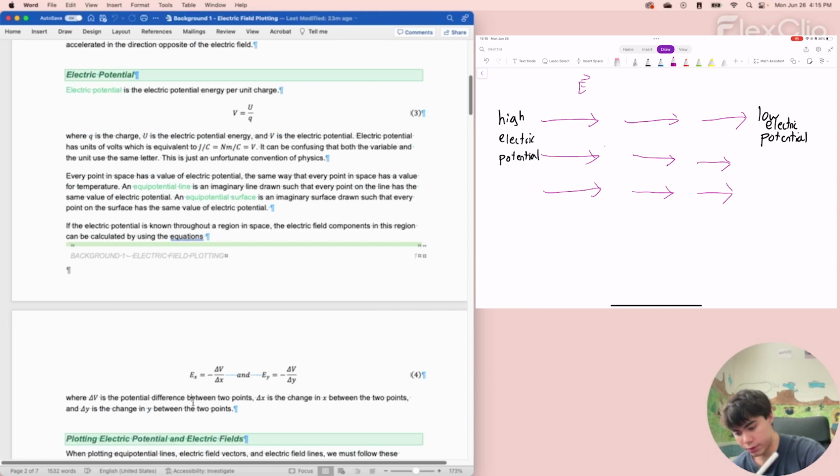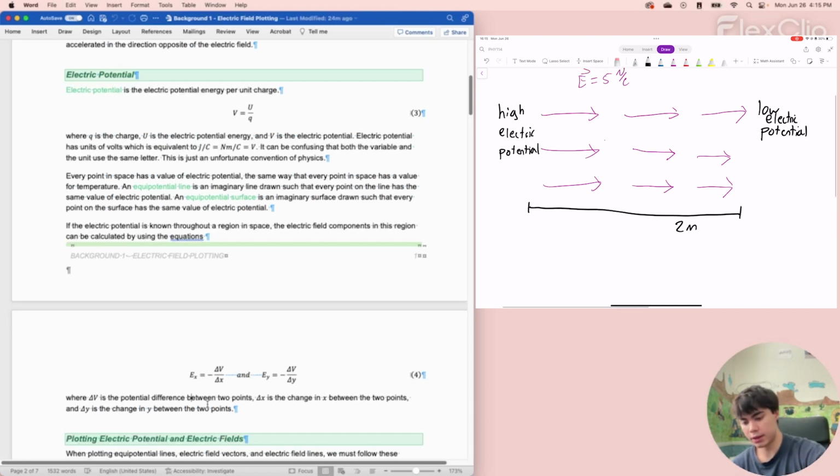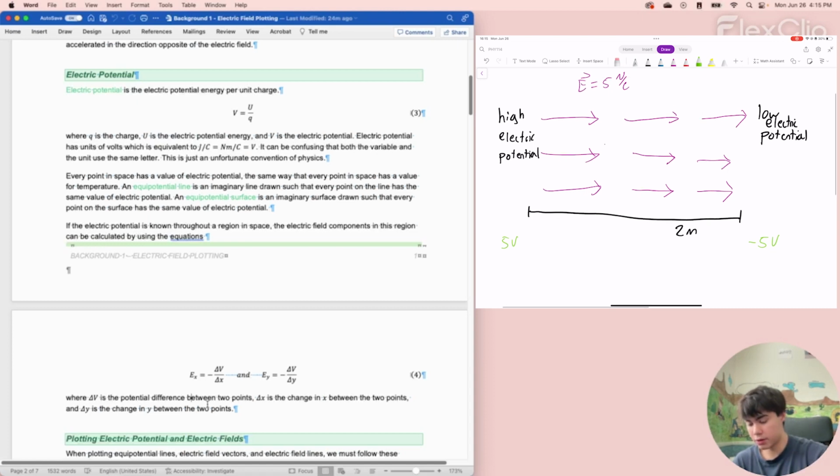If the electric field was of strength 5 newtons per coulomb, where coulomb is the unit of charge, and this is a 2 meter distance, then the electric potential would drop 10. So we could say maybe this could be at 5 volts, and this could be at negative 5 volts, and that would be a drop of 10. By plugging it into this equation, we can see if this is true.